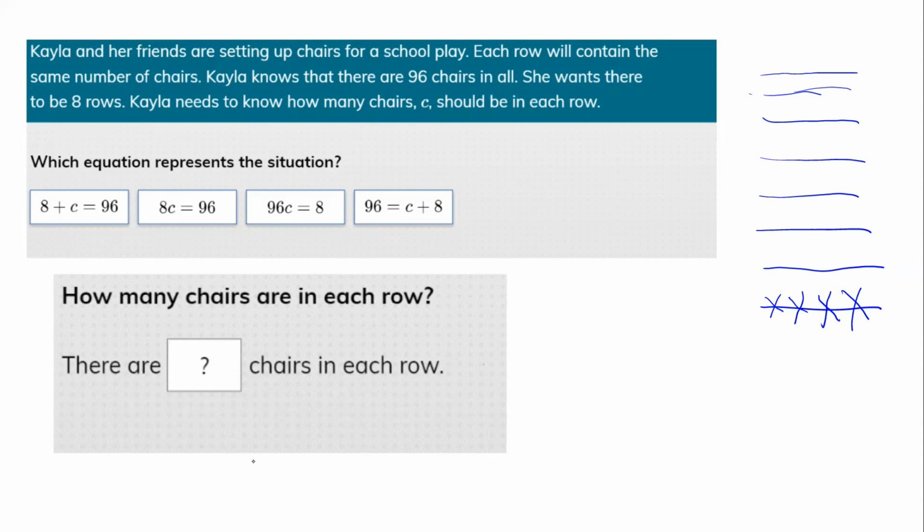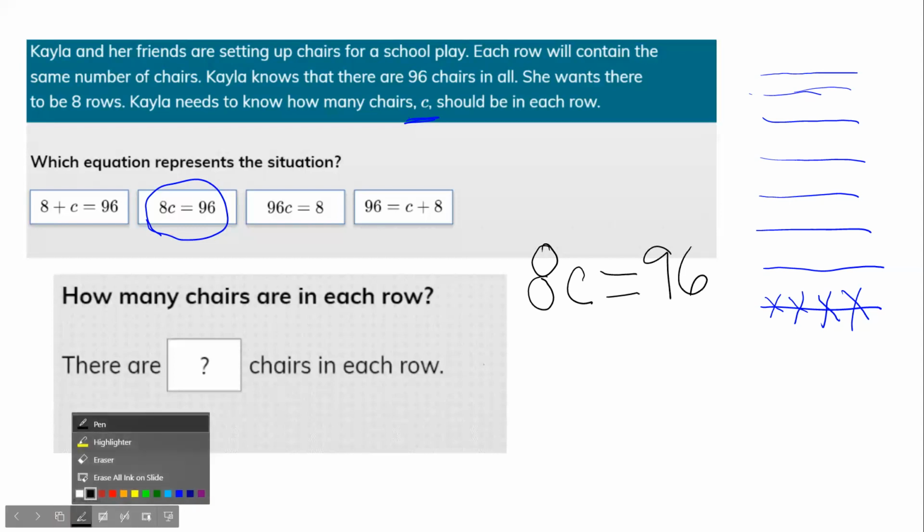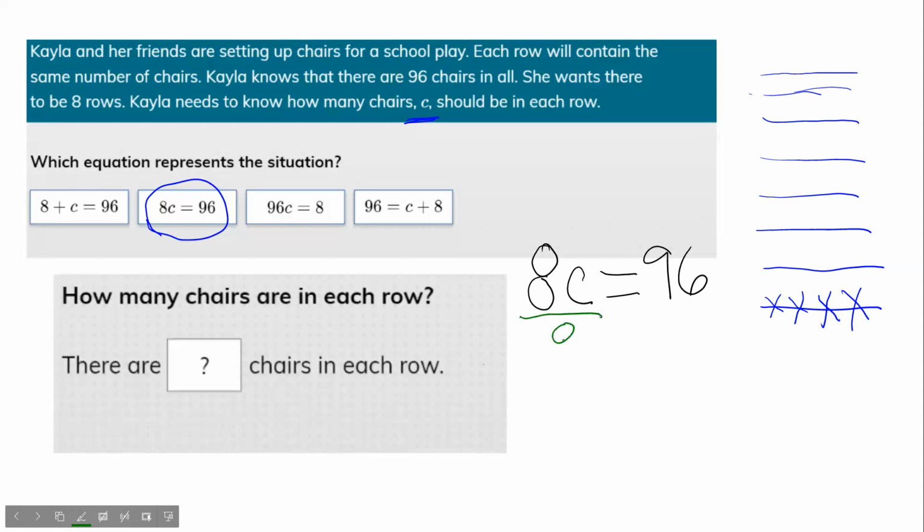So the number of rows times the number of chairs will equal 96. How many chairs C should be in each row? So how do we solve an equation that has multiplication? Well, we use the opposite, which is division. So the opposite of multiplying by 8 is dividing by 8.